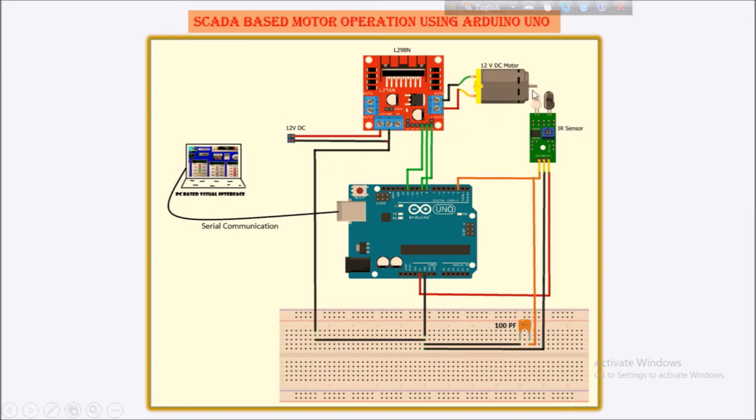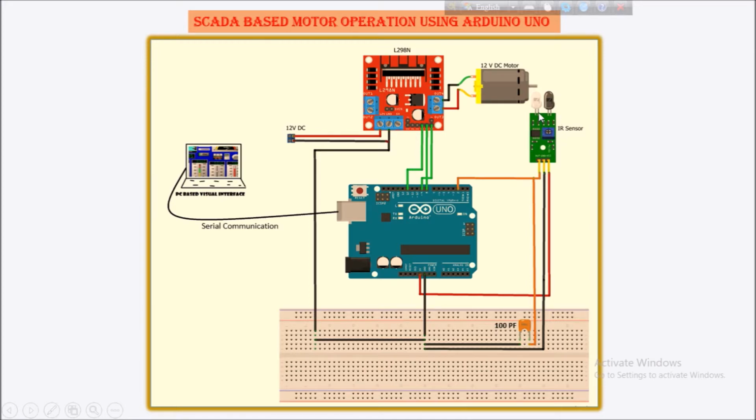Increasing or decreasing the speed of the motor is performed by giving a PWM signal to the motor driver L298N from the Arduino UNO board through its pin number 9. Arduino pin numbers 8 and 12 give the digital output to the motor driver to run the motor in forward or reverse direction. For measuring the speed of the motor, an IR obstacle sensor is used.